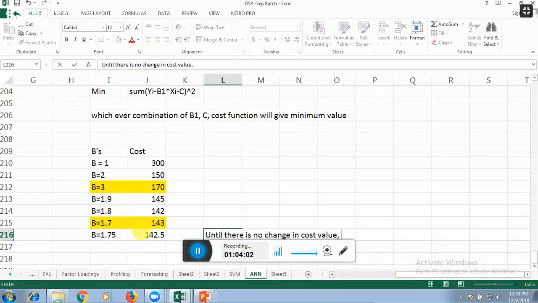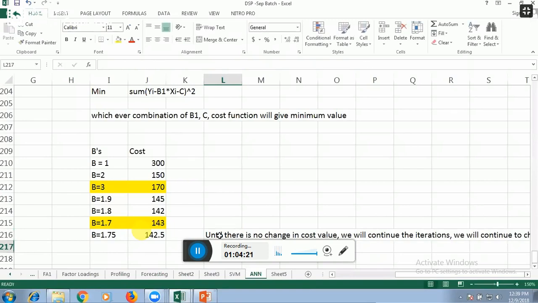We'll continue the iterations, that means we'll continue changing the beta values. If there is no change in the cost, that means your solution is converged.